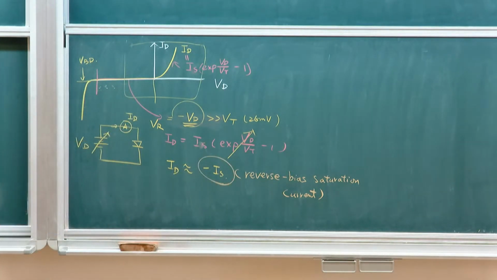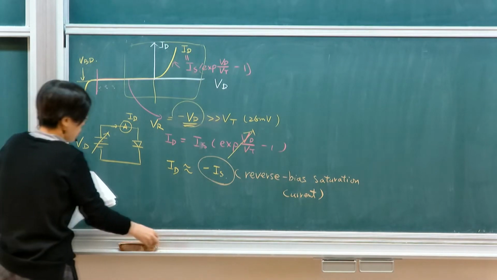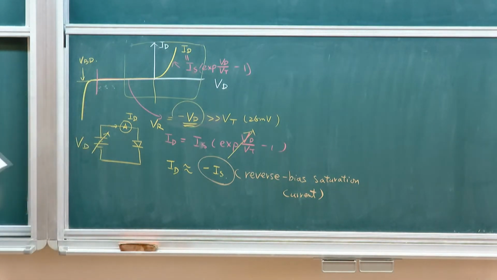So if you want to look at the leakage current, you can simply use that as your functional equation. Okay?